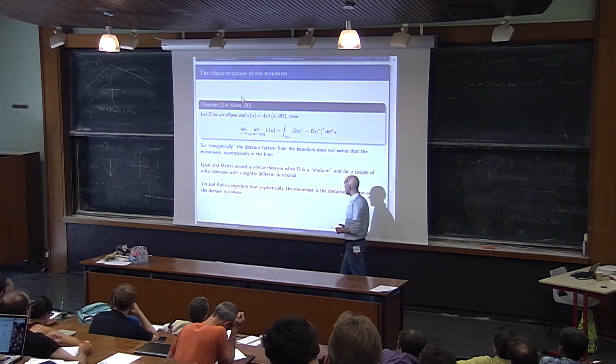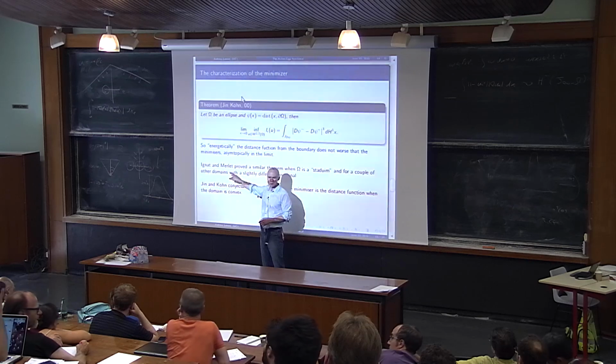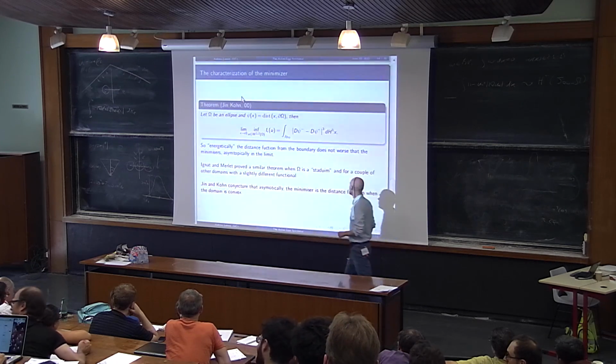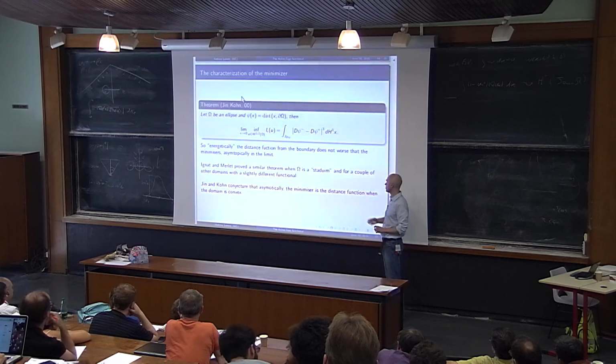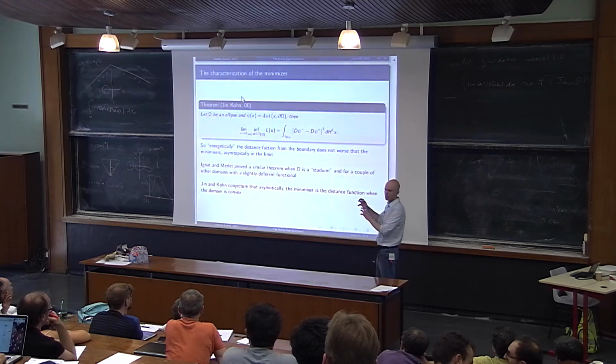There's some recent progress by Ignat and Merlet, who might even be here, right? Okay, good to meet you. A similar theorem is true when we have a stadium or a couple of other domains, so a union of two circles and some kind of ellipses.